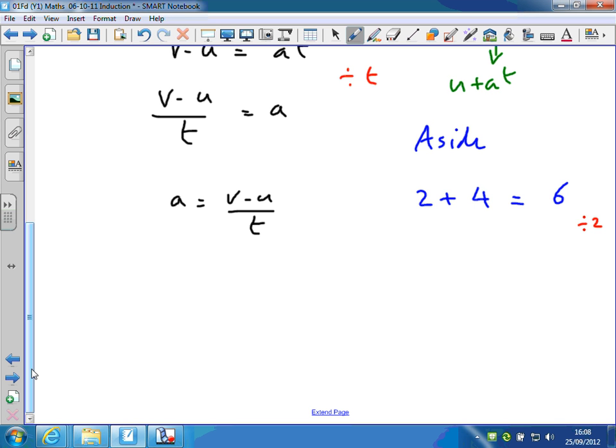Divide this side by 2, I get 3. Yeah, I've got to divide both of these things by 2 for it to work, haven't I? So in other words, if I divide both sides by 2, I've got to divide every term on both sides by 2. And it gives the same answer, yes.